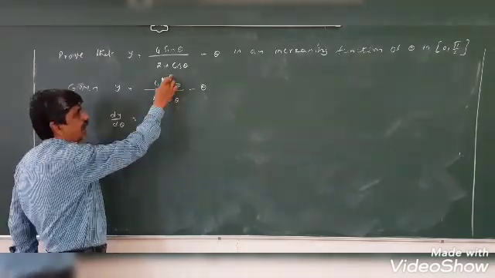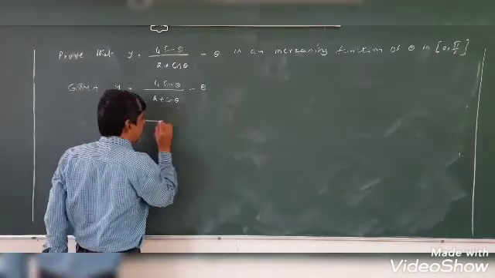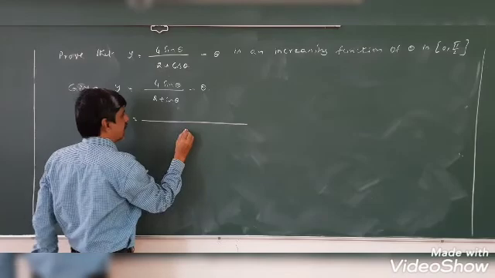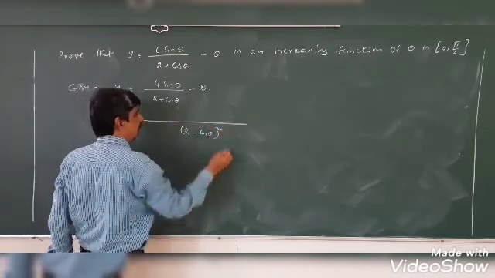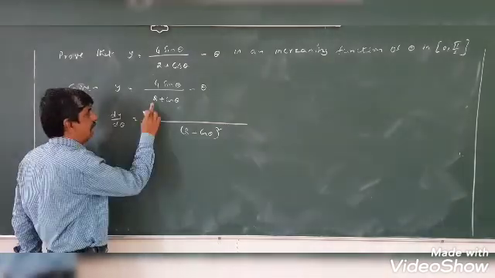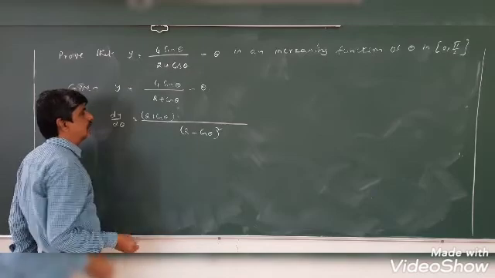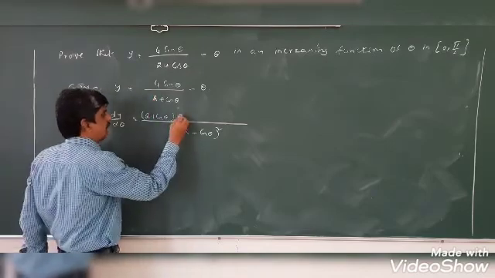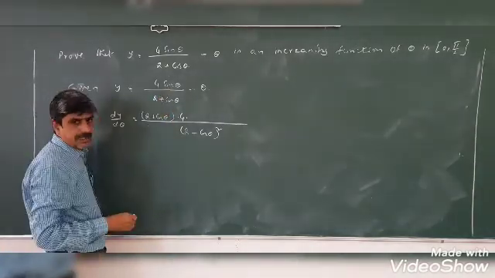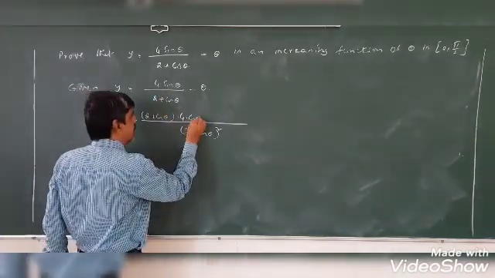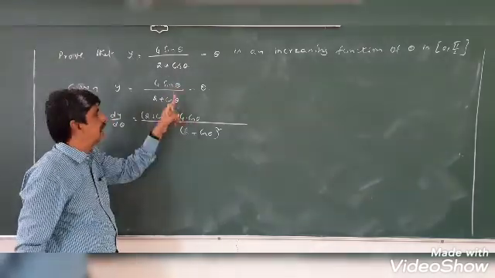Use the u by v rule: denominator square, that is 2 plus cos theta whole square, then denominator, 2 plus cos theta, into the derivative of 4 sin theta. 4 is a constant, keep the coefficient the same. d by d theta of sin theta is cos theta. d by d theta of theta is 1.